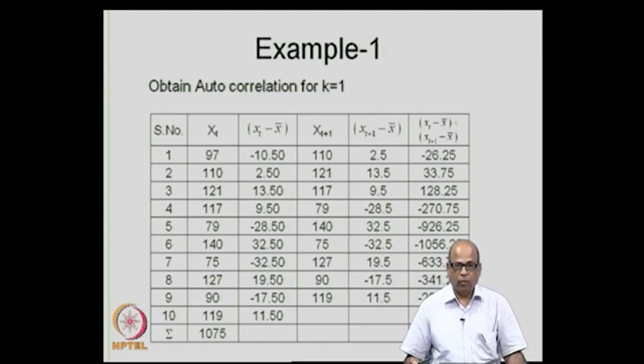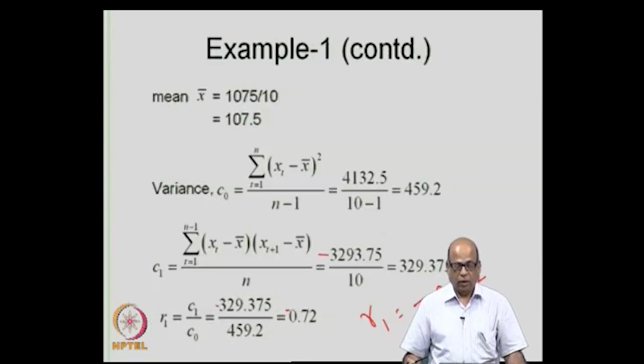Of course, rho 0 will always be equal to 1 irrespective of which series you are talking about, because you are talking about the autocorrelation of a variable with itself, and that has to be equal to 1. But for other values of k, that is k not equal to 0, your rho k's should all be statistically insignificant, if it is a purely random series.